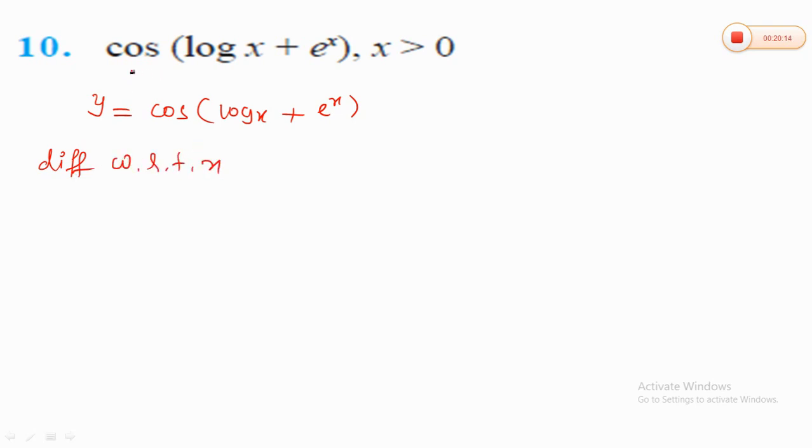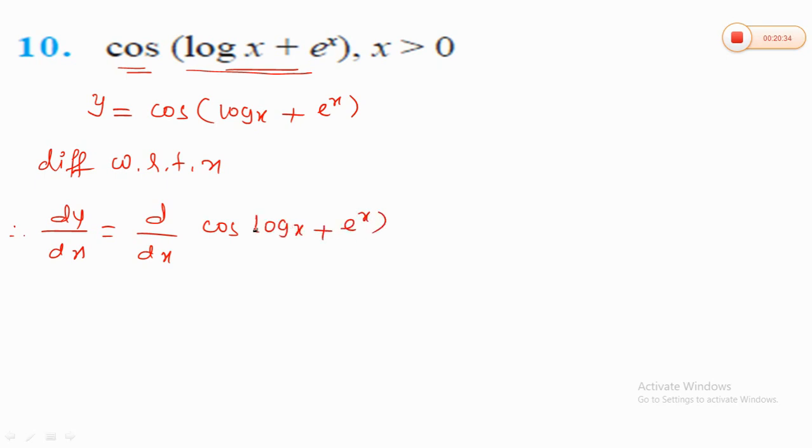First we have to differentiate cos, then log x plus e raised to x. dy upon dx equal to d by dx of cos of log x plus e raised to x.